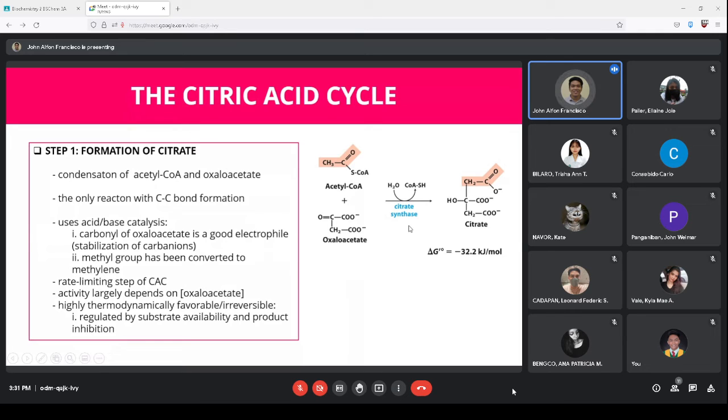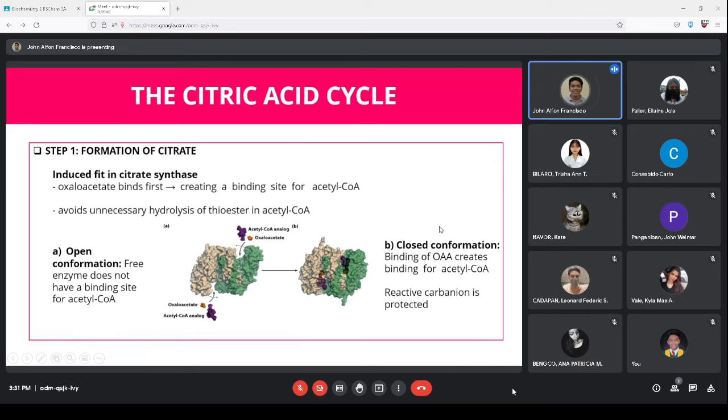Okay? So you are using citrate synthase here as your enzyme to convert this acetyl-CoA and oxaloacetate to citrate. Okay? So yung citrate synthase natin, it is a very interesting enzyme. Oxaloacetate binds first. So may induced fit na nangyayari. Nagkakaroon ng closing. Ayan.